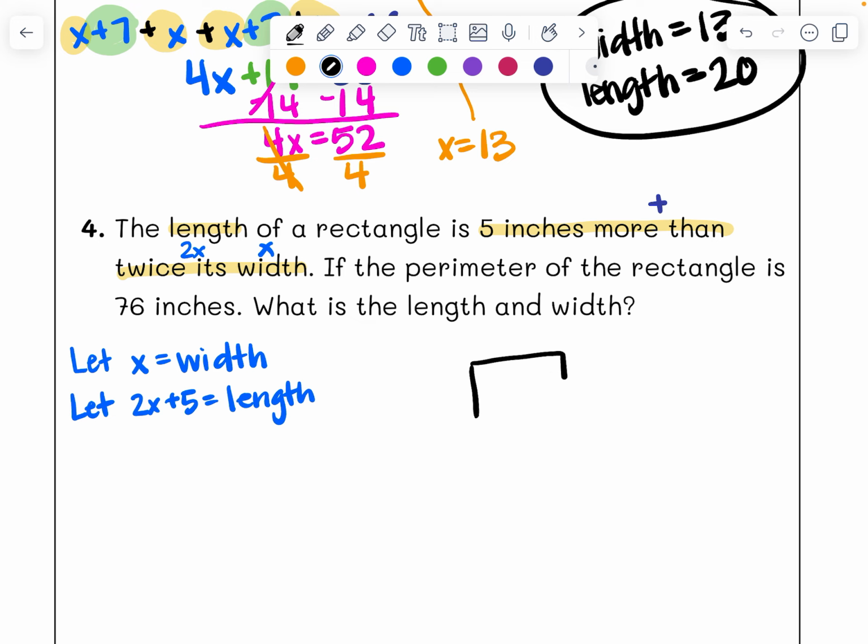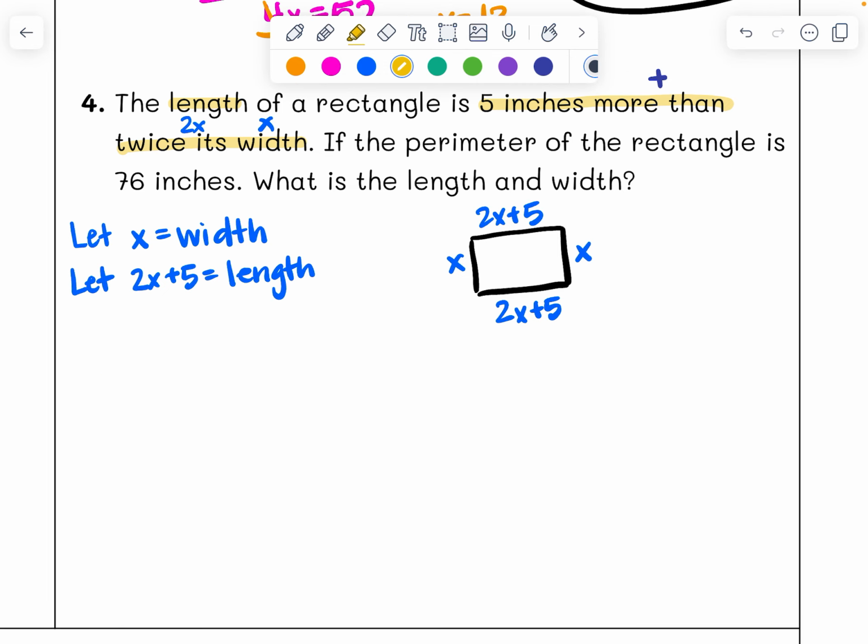So here is my rectangle. I have 2x plus 5 and x. To get the perimeter, I add all the sides. So 2x plus 5 plus x plus 2x plus 5 plus x equals 76.